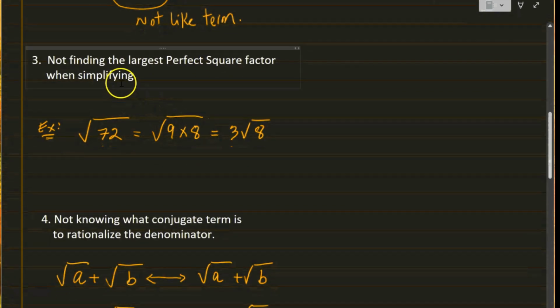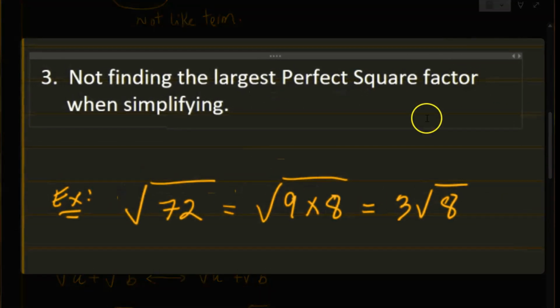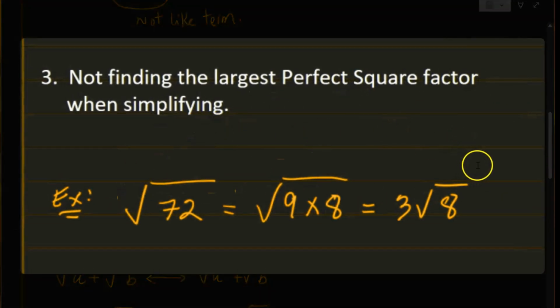Not finding the largest perfect square factor when simplifying. Now, this is not a mistake, but it is an incomplete answer when you are asked to simplify a radical expression. I'll give you an example, the square root of 72. A lot of students say, oh, right away, 9 times 8 is 72. That's brilliant.